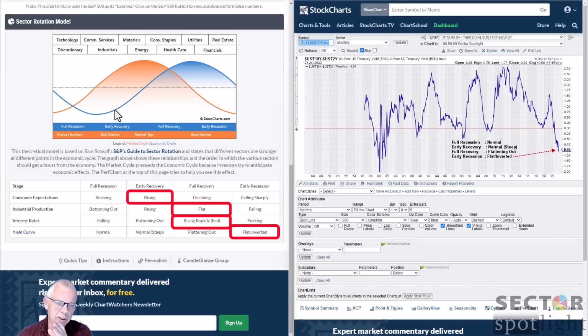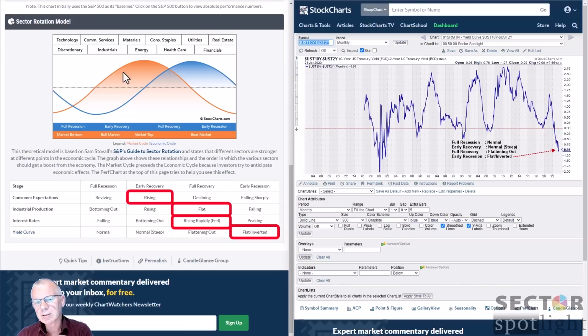So on the chart, that would mean early recovery, full recovery, somewhere here, which would put it right in the market top, or on the way to it. And mind you, this is a long-term model, so even if we put it right here, there could still be quite some time left before we hit that market top.